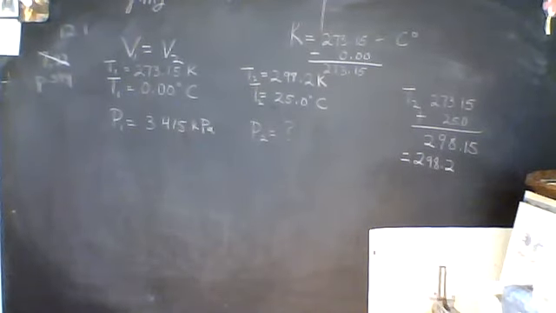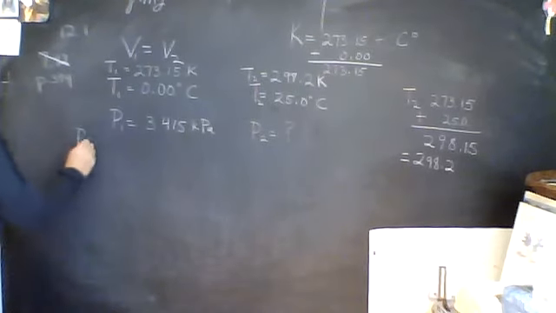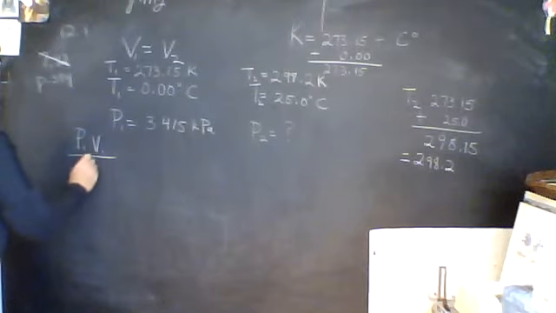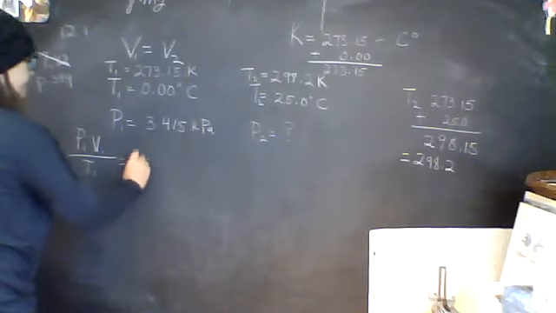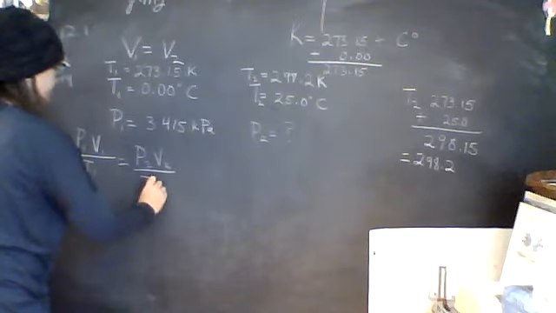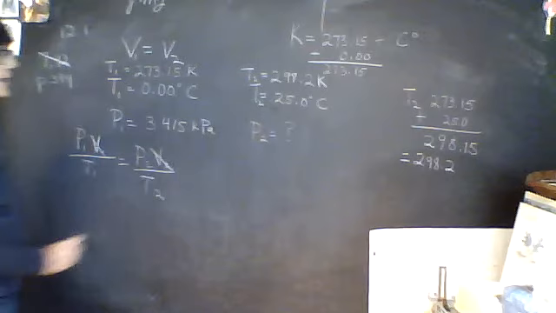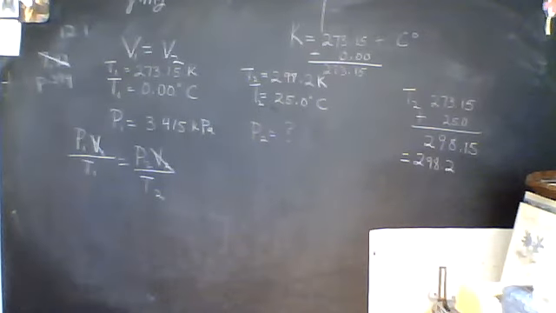It's P times V over T equals P times V over T. We can cancel the V's, and that makes sense. Since V1 and V2 are the same, we eliminate them from our equation. So P1 over T1 equals P2 over T2.